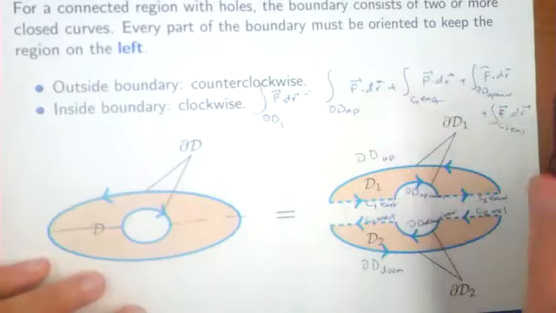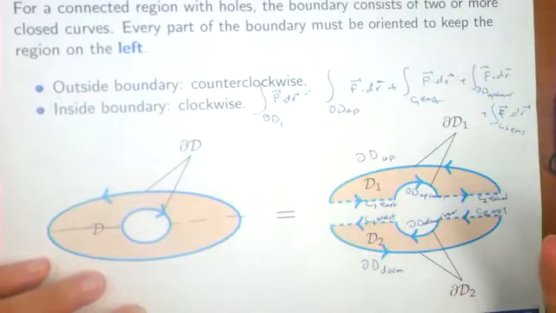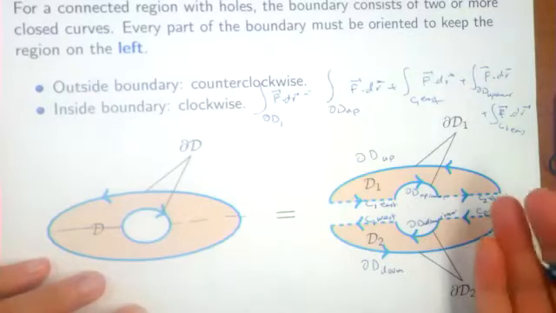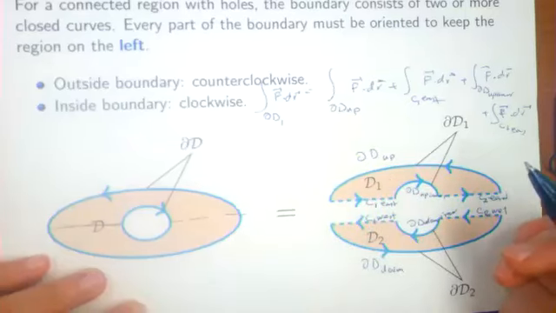And this is by Green's theorem, because the region D1 doesn't have any holes, it's going to be equal to the double integral of the curl of F on this region, basically.